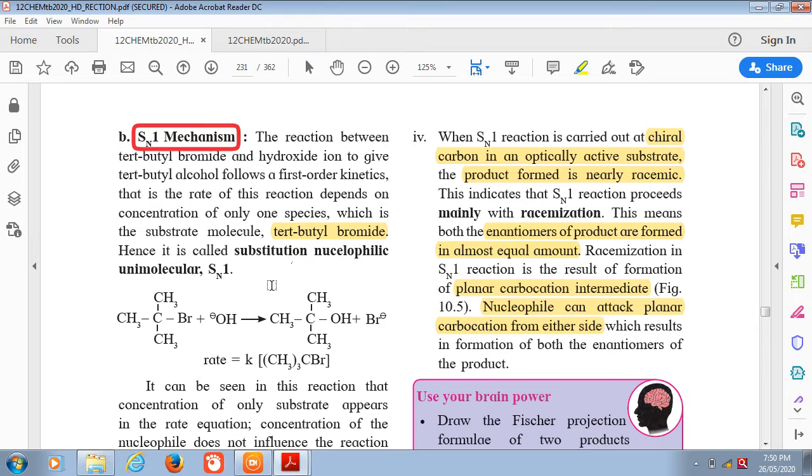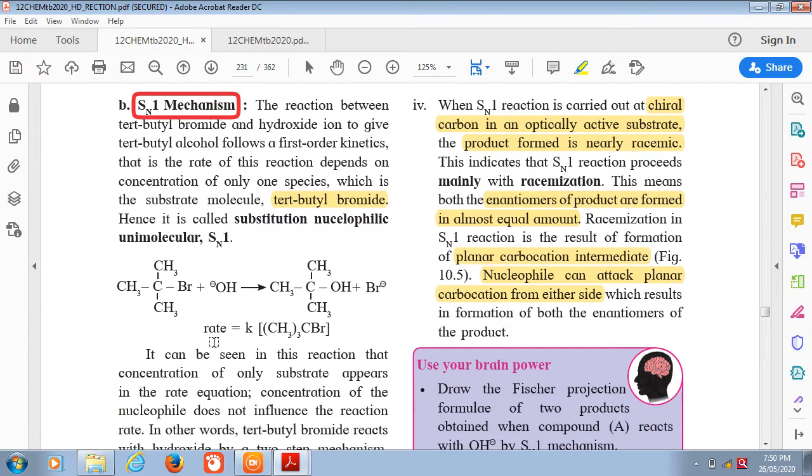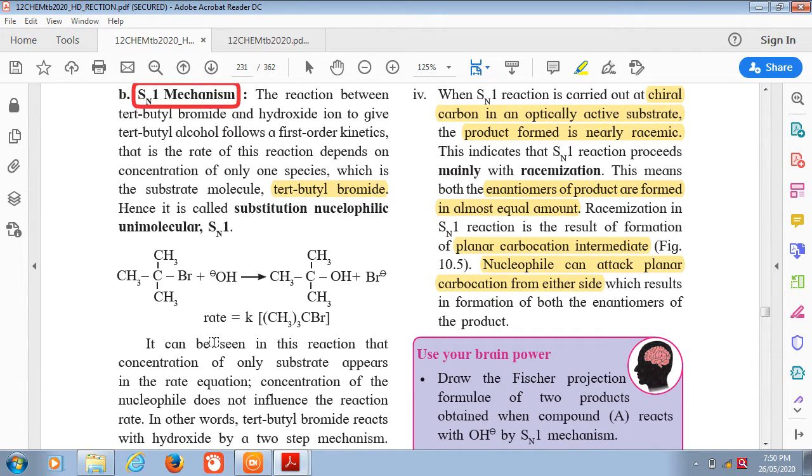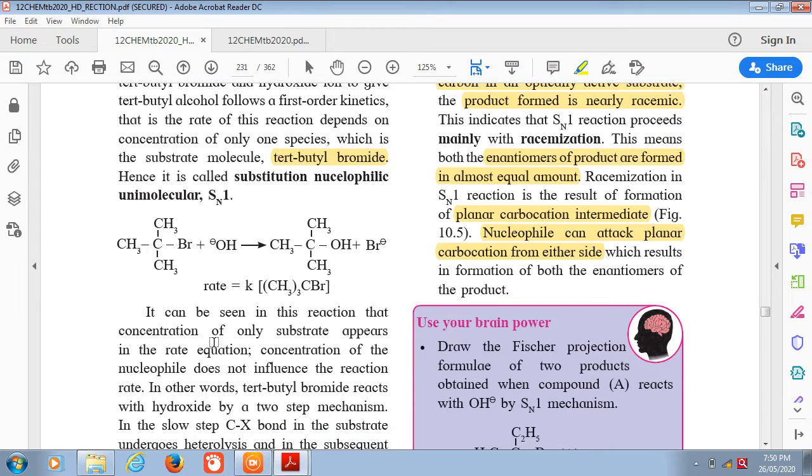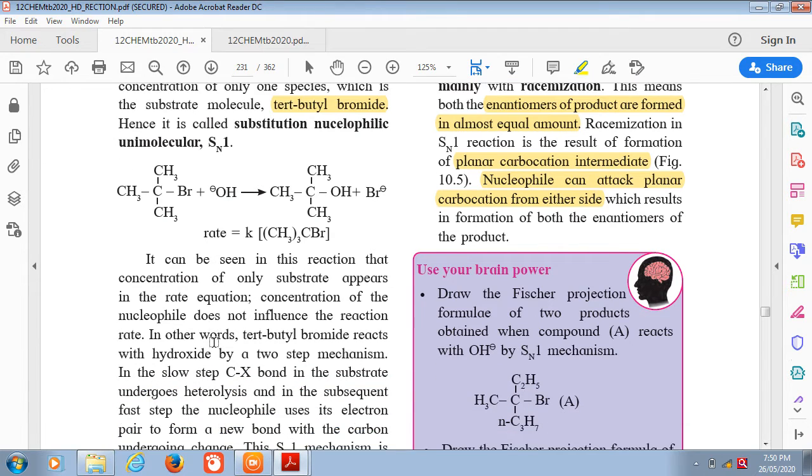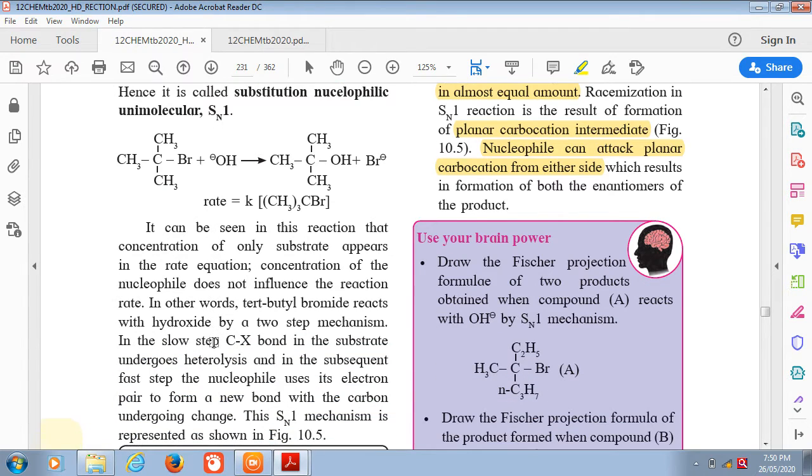Here the rate of the reaction depends only on the concentration of tertiary butyl bromide and not on OH minus. That's why the reaction is an Sn1 reaction. Now here we have to check some concepts.